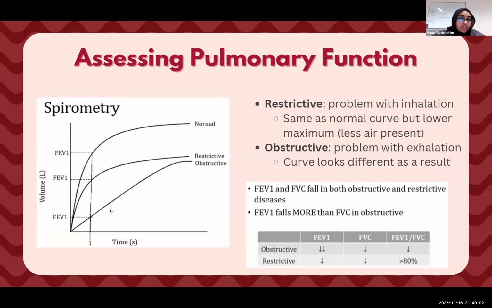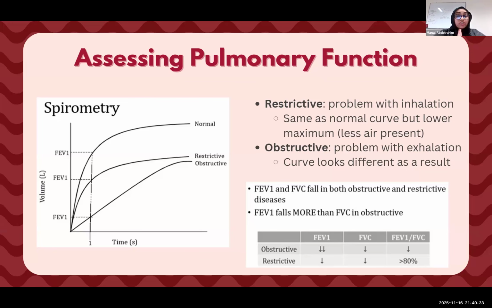So let's see how the curve would look if they were to have a restrictive disease. First, can someone tell me what the difference is between restrictive and obstructive? So the difference is restrictive is that the patient is struggling with inhalation, whereas obstructive, the patient struggles with exhalation.